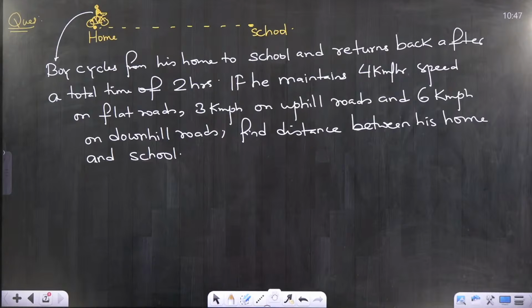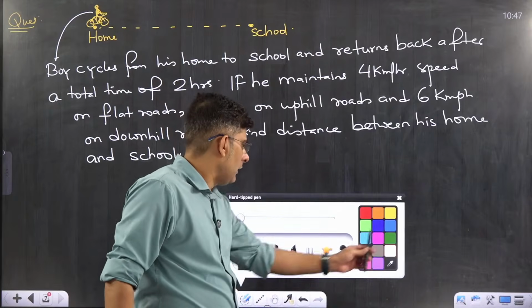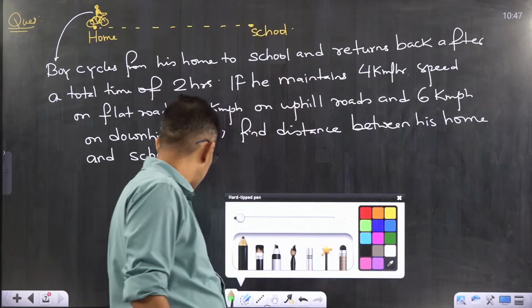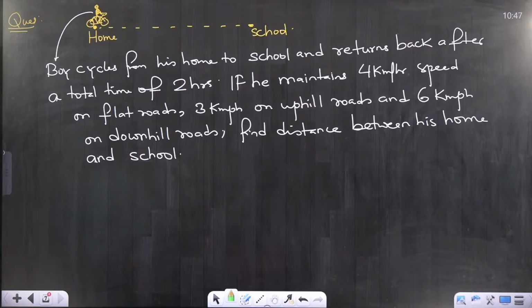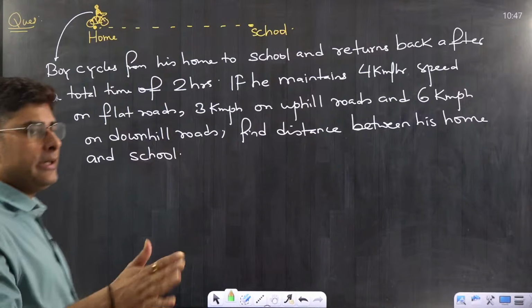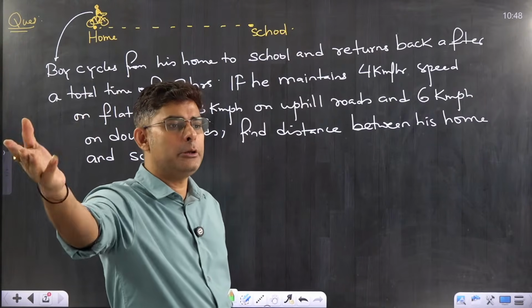Okay. So here this question is a bit interesting. If you see what they have mentioned in the question, that he is moving uphill, downhill. How many uphills and downhills we don't know. Arey beta, how many uphills? Suppose there are 10 uphills. Suppose one uphill is of distance d1, second d2, so on.